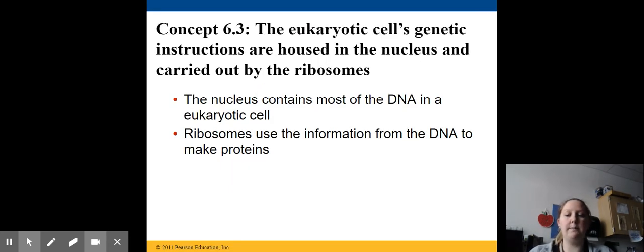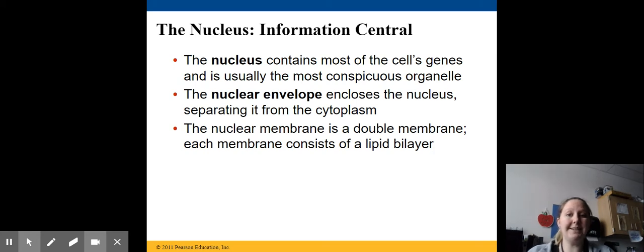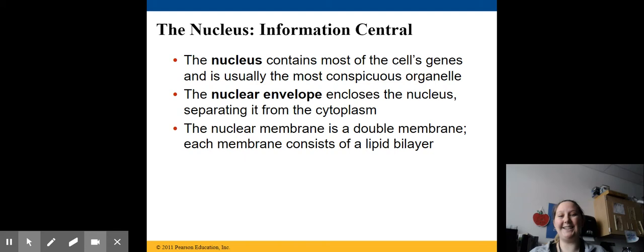Eukaryotic cells, their genetic information is hosted inside of the nucleus, and then the job of that genetic instruction is carried out by ribosomes. These are probably your two more important organelles in cells. The nucleus is the region of a eukaryotic cell that contains most of the cell's genes, usually about 90 to 95% of the cell's DNA is carried in the nucleus.